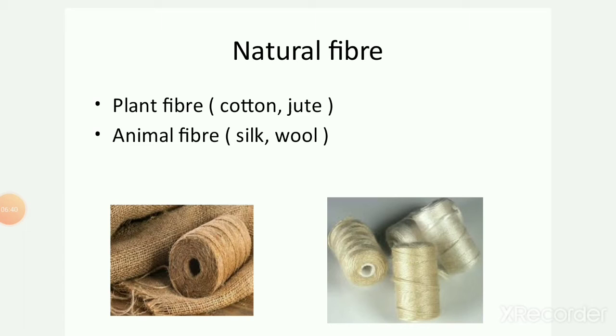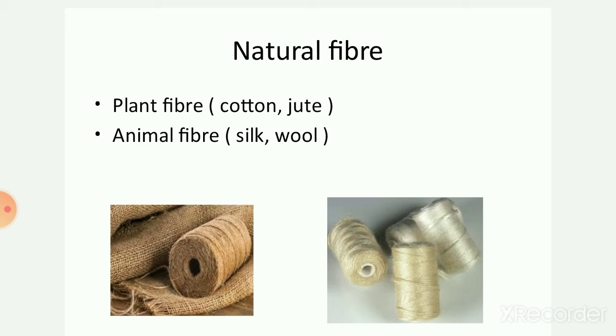First we talk about natural fiber. You can see that in nature there are two main things, plants and animals. The fiber we get from plants is called plant fiber, and the fiber we get from animals is called animal fiber.